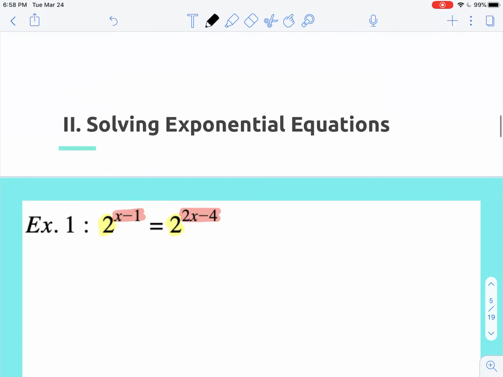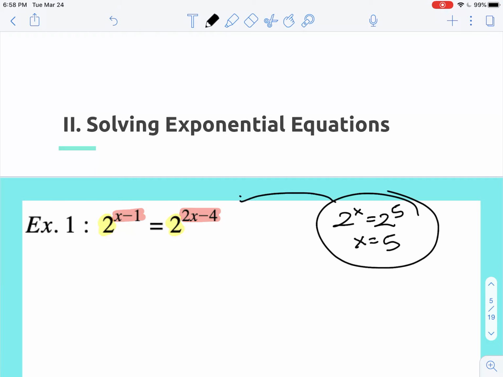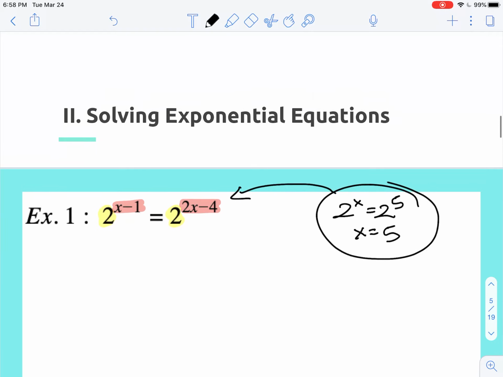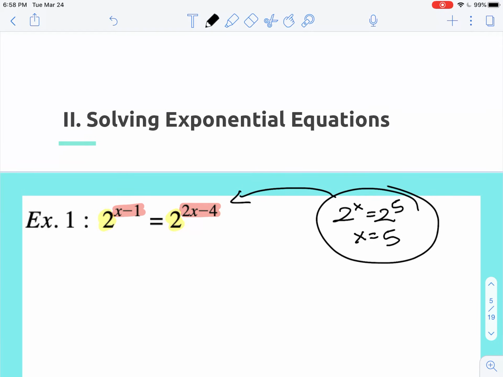As a side note, if I had 2 to the x equals 2 to the 5th, I think you'd all be able to tell me that x equals 5. And that's exactly the concept that we're going to apply to this question. Because the bases are the same, I can just take the exponents, x minus 1 on one side, and set it equal to 2x minus 4. I'm going to subtract the x to this side, and add the 4 to this side.